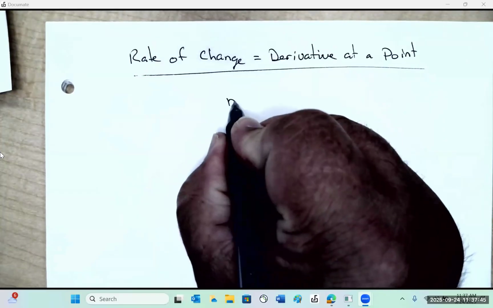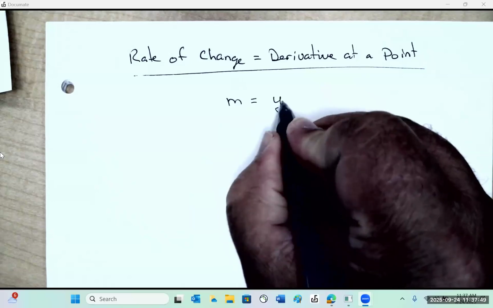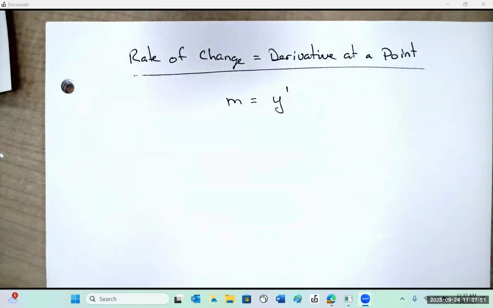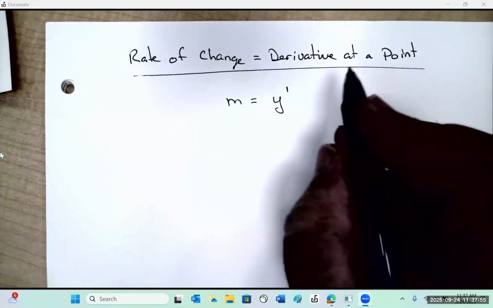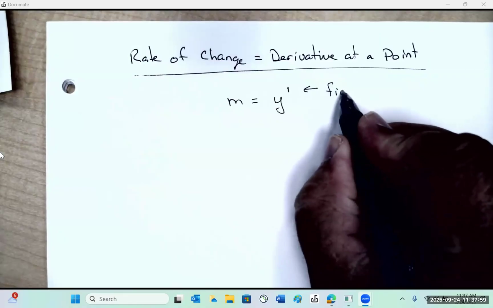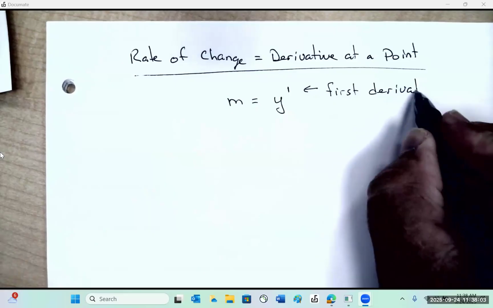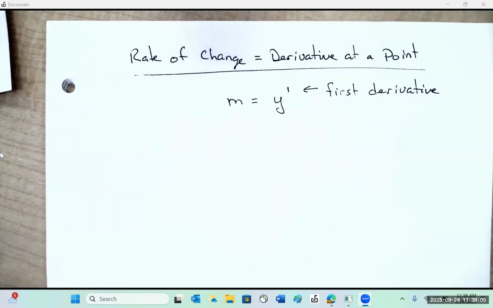So the slope is the same thing as a derivative. This hash mark means first derivative. And we'll go through all the symbols that we can use for derivatives in a little bit.